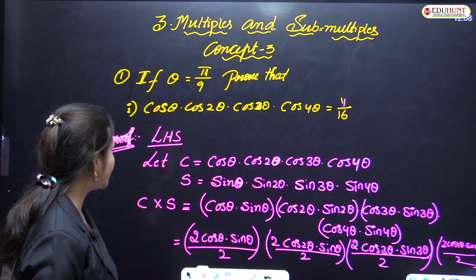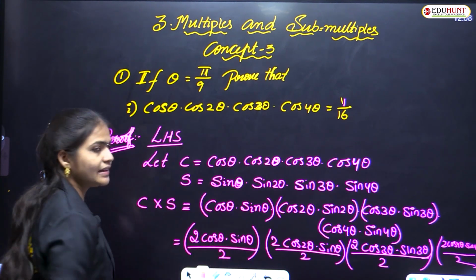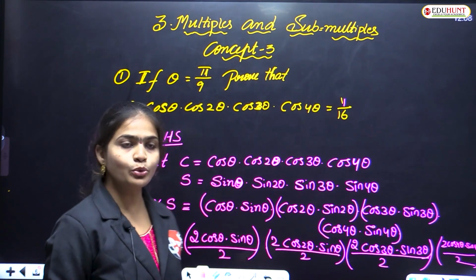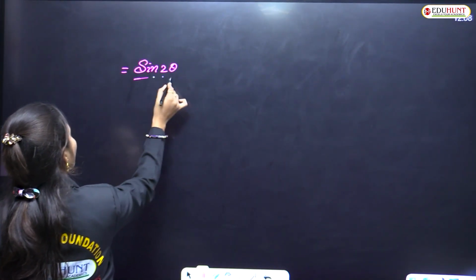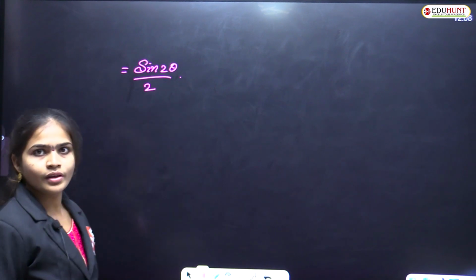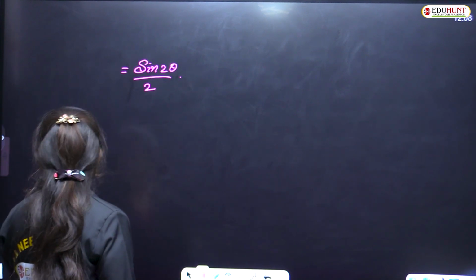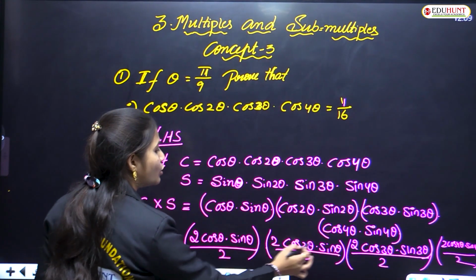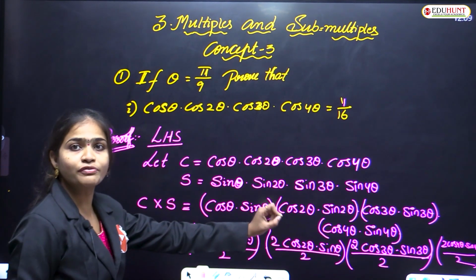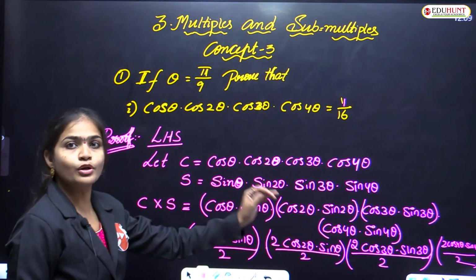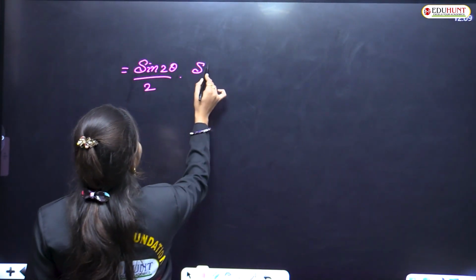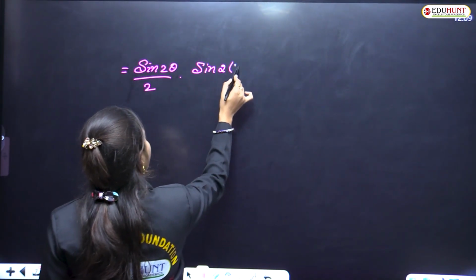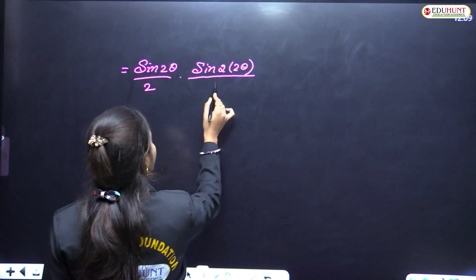Now see that 2 cos theta sin theta is the formula for sin 2 theta, which equals sin 2 theta, and whole by 2 is there. Next, this is also the sin 2 theta formula only, but in place of theta we have 2 theta. So sin 2 into 2 theta whole by 2.